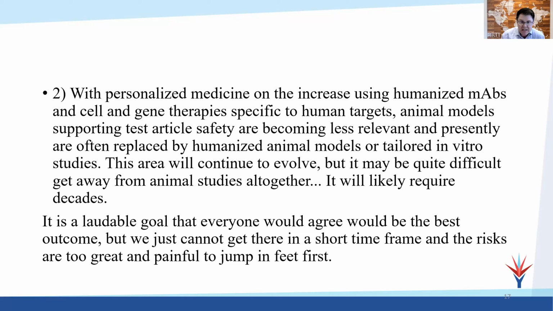I'm not saying none have been validated. There may be some that have, but to get to the point where no single mouse is needed, we're a long ways off. We agree it's a laudable goal, and it would be the best outcome for various reasons. But we can't jump in feet first and just say we're not going to have any more mouse or rodent studies, or even non-human primates.